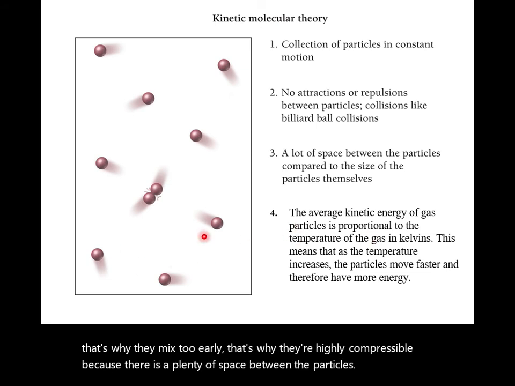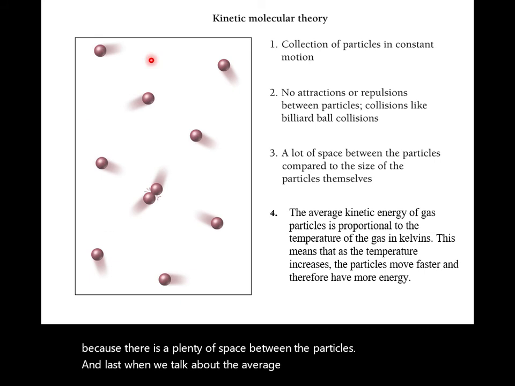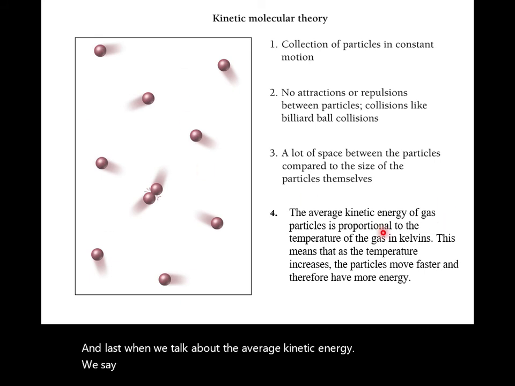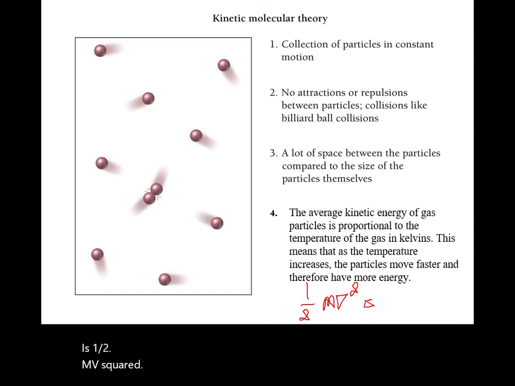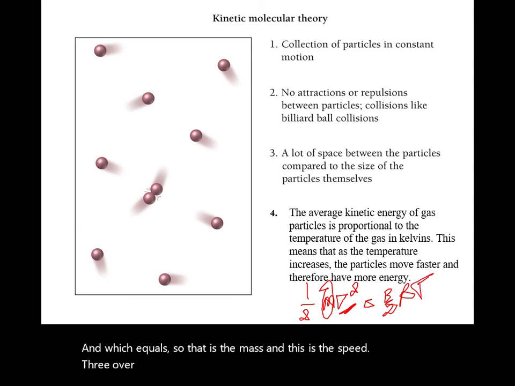And last, when we talk about the average kinetic energy, we say that kinetic energy is directly proportional to the temperature in Kelvin. Now, since kinetic energy is 1/2 mv squared, where m is the mass and v is the speed, which equals 3/2 RT, that's the temperature.